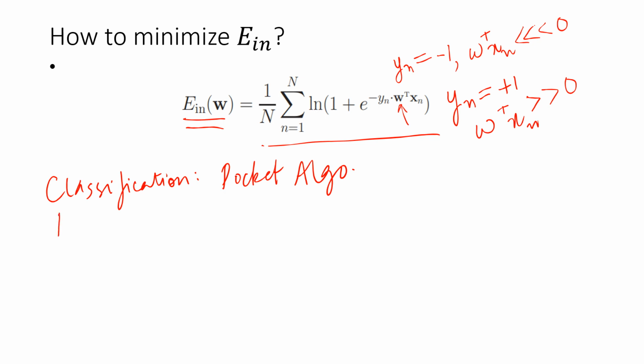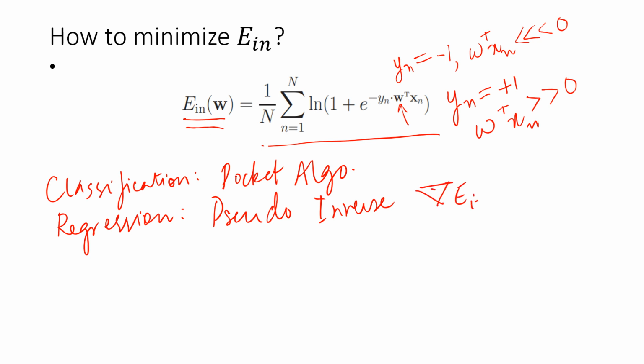And then in the regression problem, we used the pseudo inverse algorithm, which was just a one-step thing that eventually led us to the gradient of E_in for the weights being exactly equal to 0.